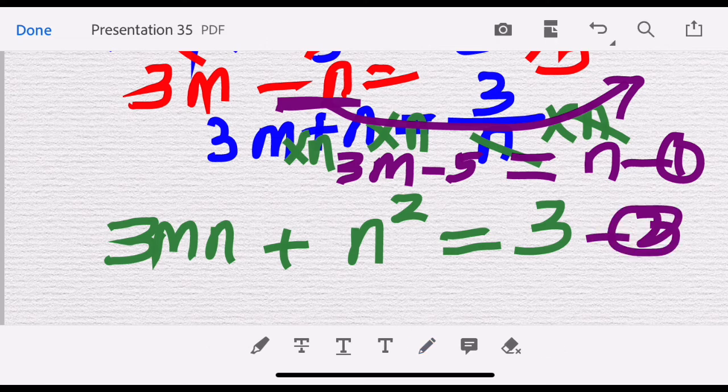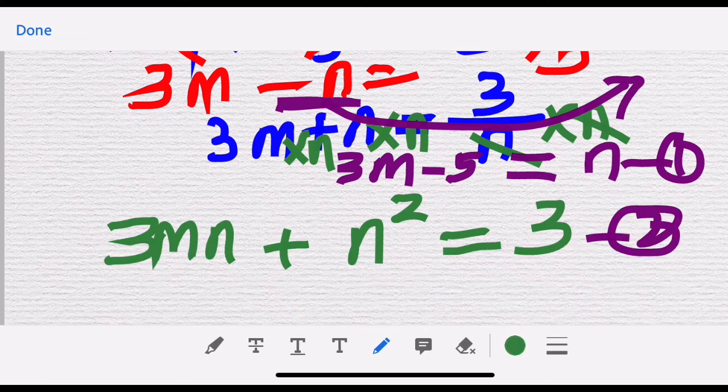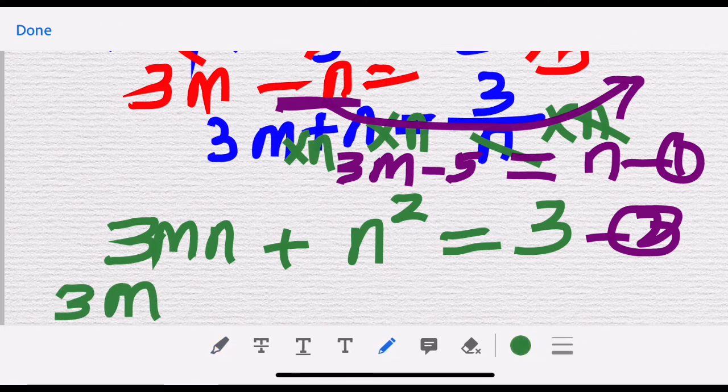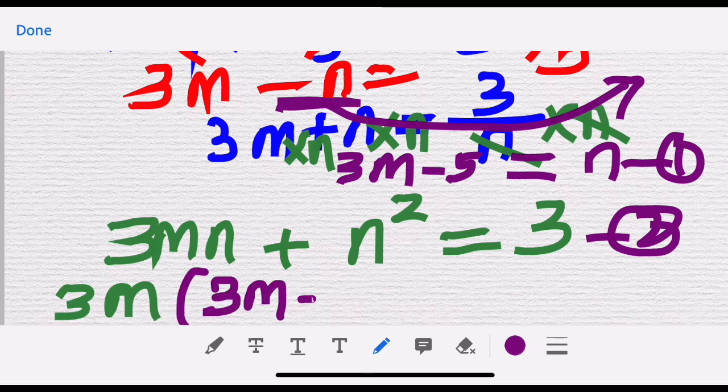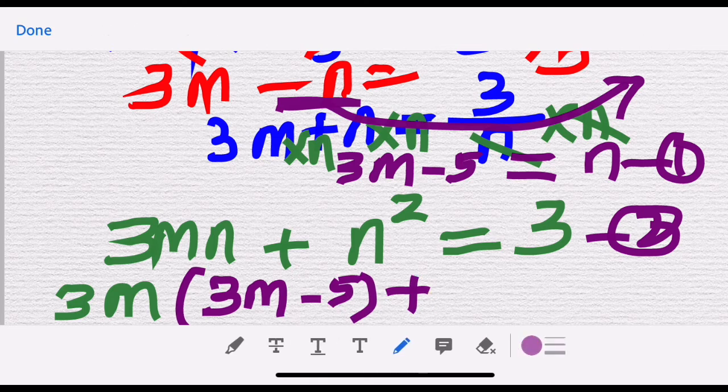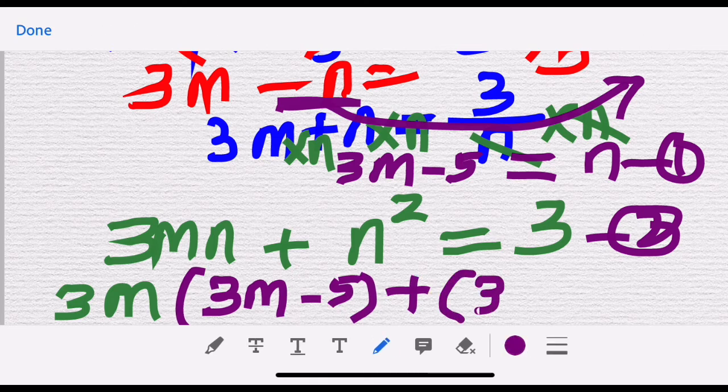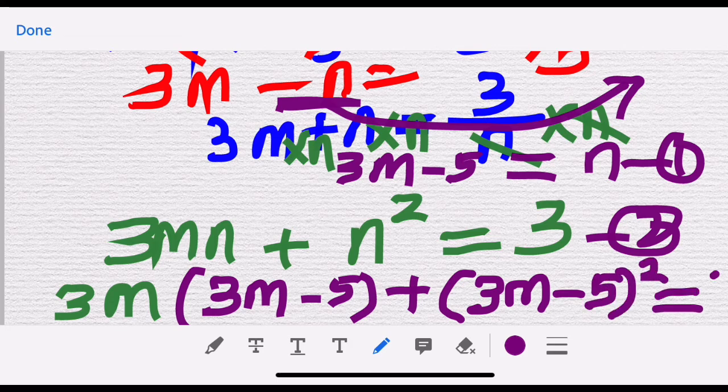Okay, so now let's continue. We have 3, right? We have M. When we see N, we will substitute with the 3M minus 5, right? Plus when we see the N again, we will substitute 3M minus 5. When there is a square, make sure you square, right?